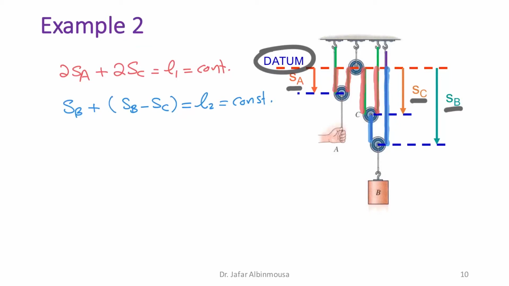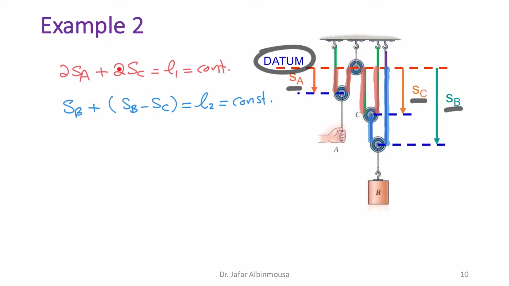Now, if you remember, when I was explaining the procedure in part number 1, I said that these two chord equations have to be related by a single parameter so that we can write down the two equations. This parameter is indeed SC.